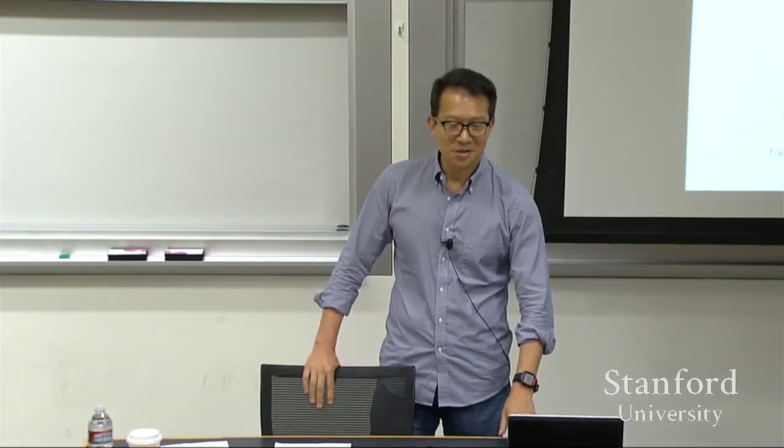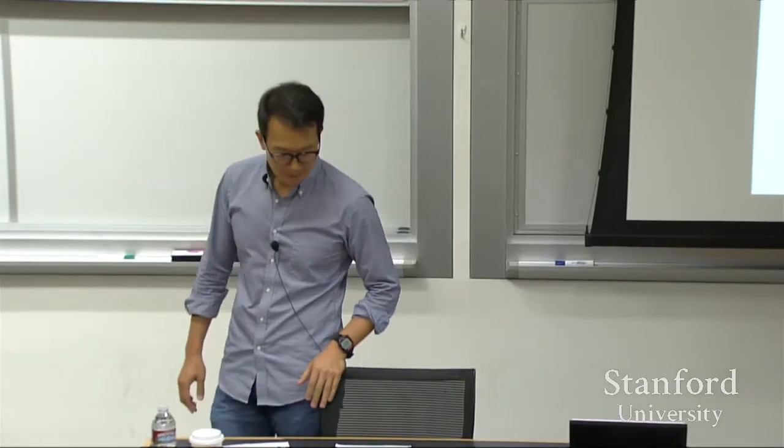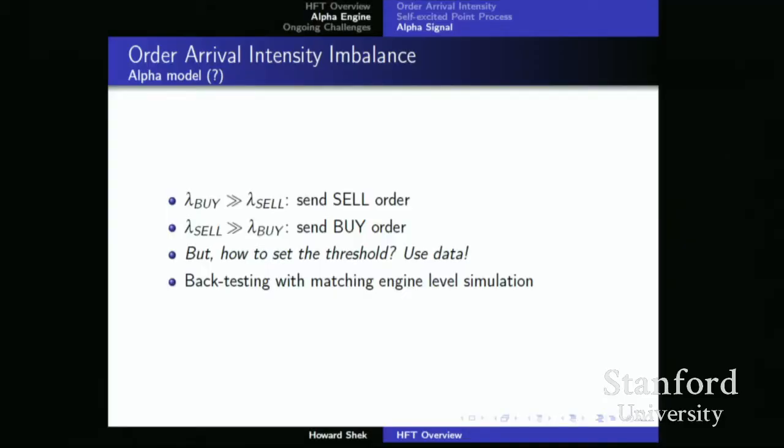Right, so for the budding traders in the room, this is at least one potential way to monetize this model. Based on the fitted parameters, the model is able to give us a forecast of the arrival intensity of the orders on the bid side and sell side, conditional on seeing the arrival of certain buy or sell side orders.